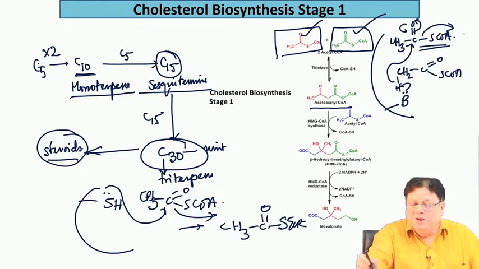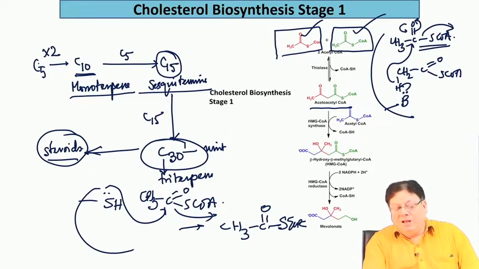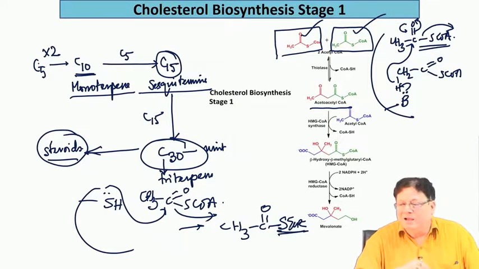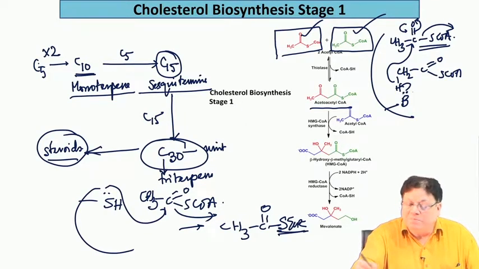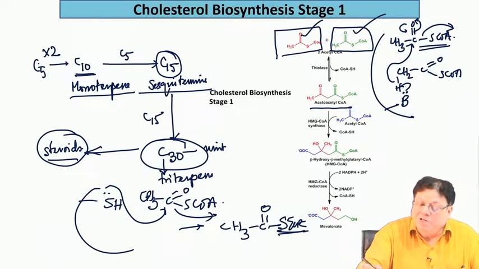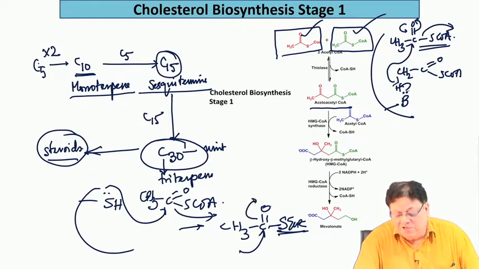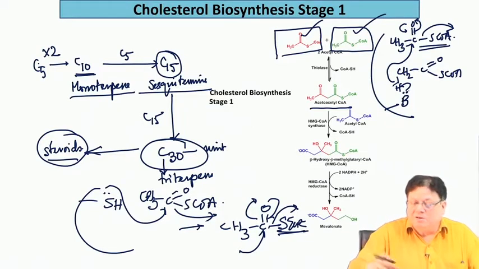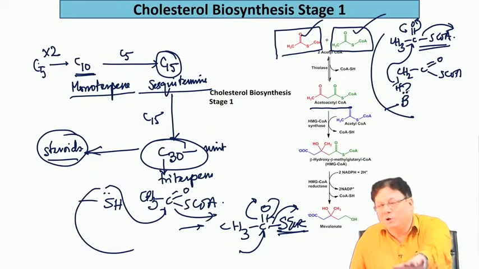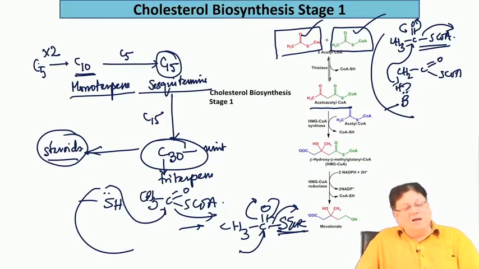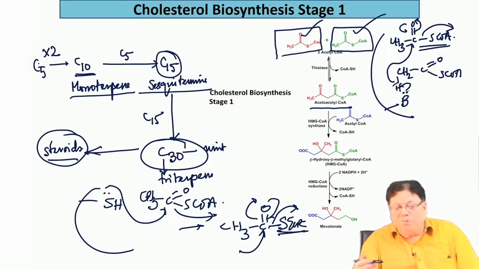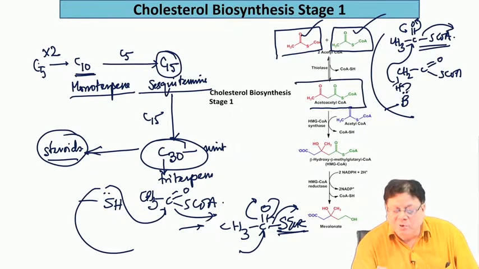So, instead of the coenzyme you have a sulfur containing enzyme. And then the other part, which is enolized by an imidazole base, comes and attacks this compound. That is the precise mechanism. But just for simplicity you can say that two molecules of acetyl CoA condense to form what is called acetoacetyl CoA.